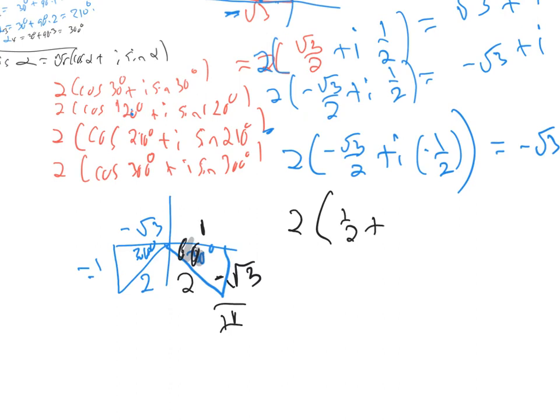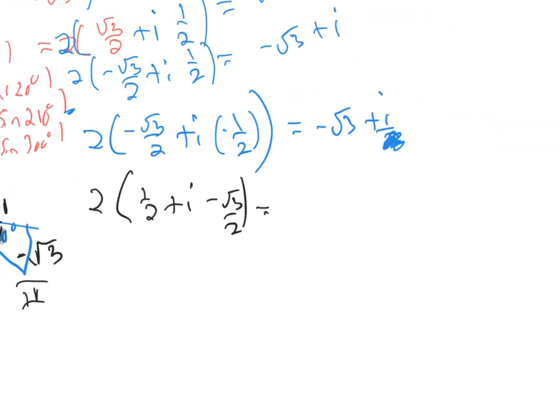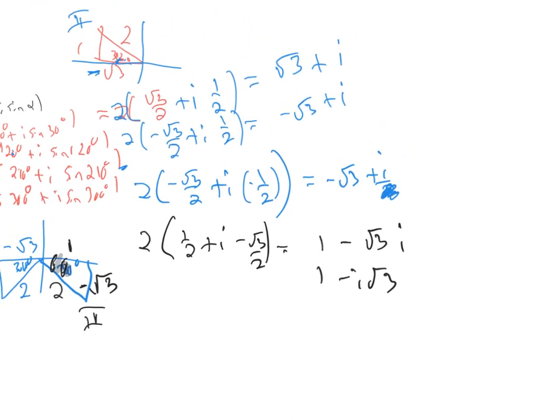Sine, on the other hand, would be the opposite, negative square root of 3 over 2. Distribute the 2, and I get a 1 minus square root of 3i. Some people like to write it as 1 minus I square root of 3. So there's all 4 answers.